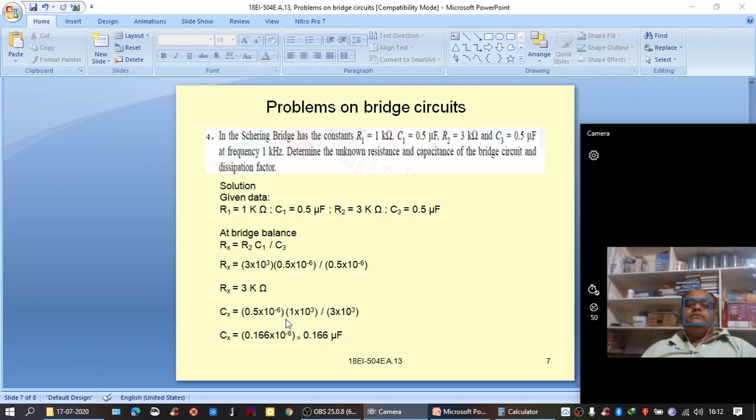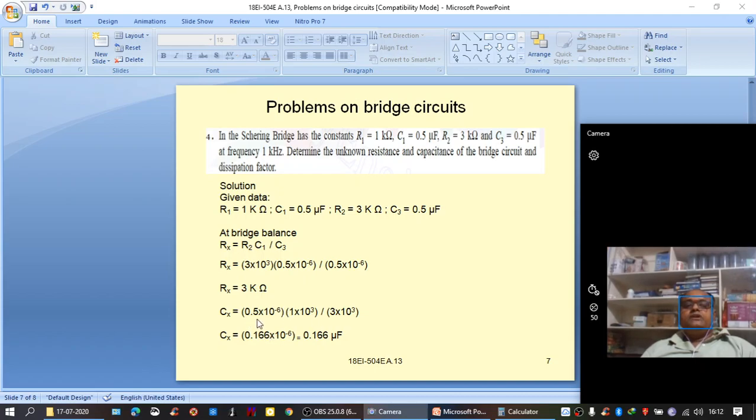So 0.5 into 10 power minus 6 into 1 into 10 power 3 divided by 3 into 10 power 3. 10 power 3 in numerator and denominator gets cancelled out, and the left out term is only 10 power minus 6.